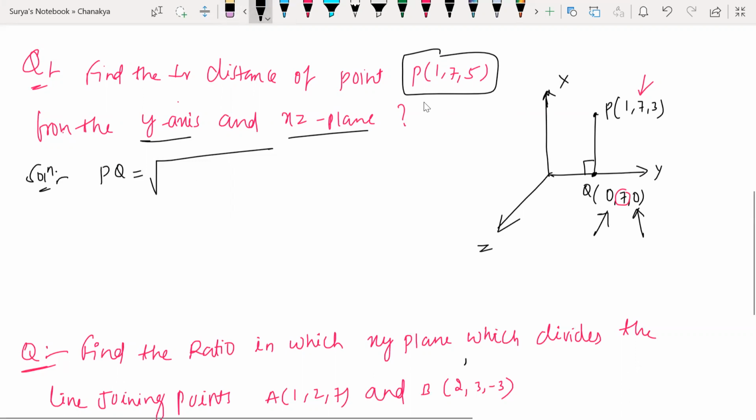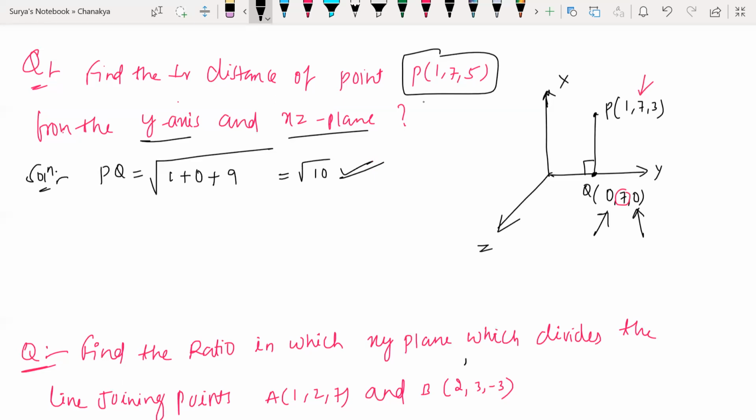Yes, root 10. This is (x1, y1, z1), so x2 minus x1 is 0 minus 1, which gives 1, plus y2 minus y1, 0 minus 3, also 9. So root 10. This is the perpendicular distance of point P from the y-axis.